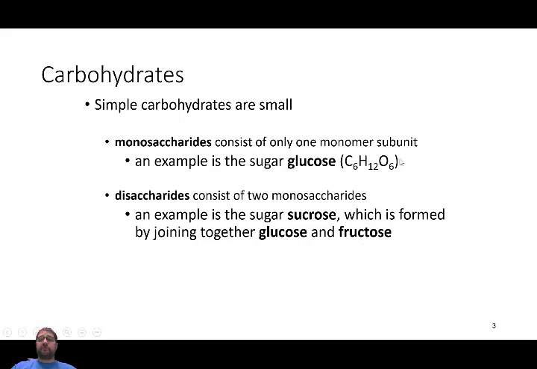Glucose and fructose have the same chemical formula. They're both C6H12O6. Fructose just has a slightly different arrangement of where the bonds are. And that's what gives that molecule a different chemical composition or a different behavior. But together they form sucrose.